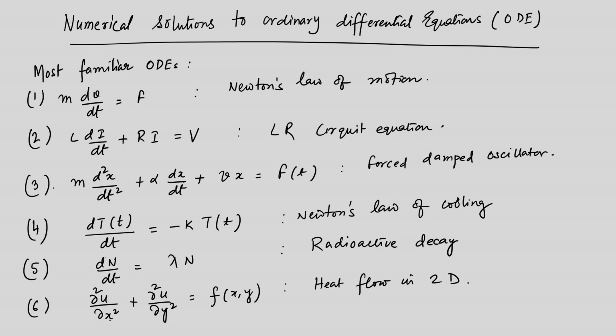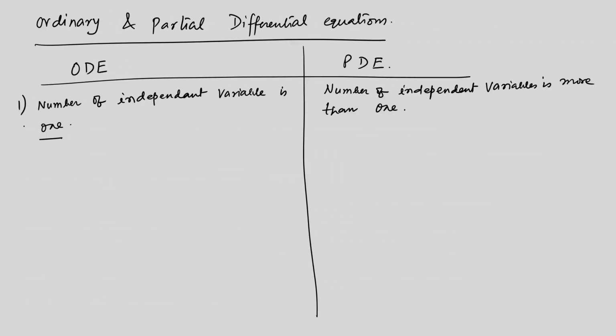Whereas, if you see 6, then you see that u is actually a function of x and y, and that is why you have to take a partial double derivative and arrive at this heat flow equation.